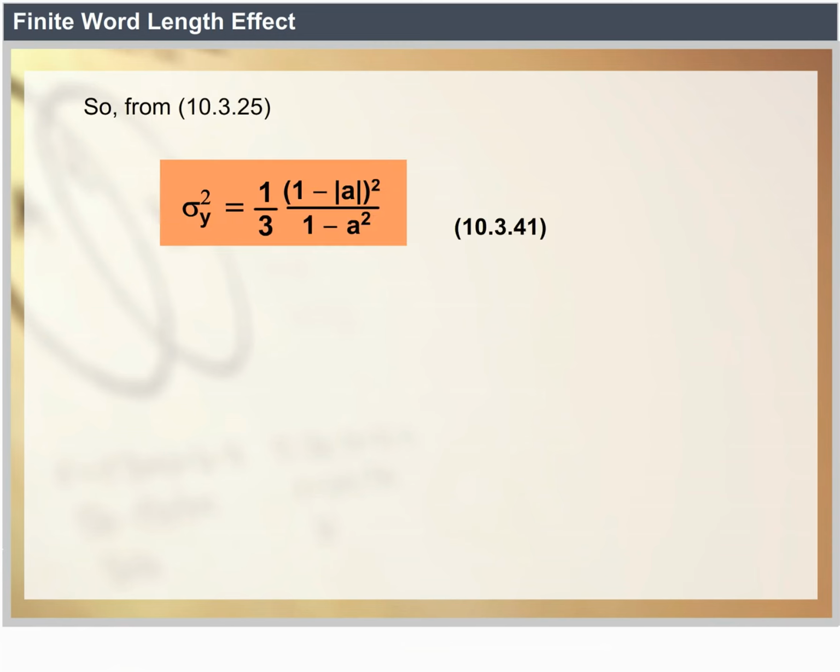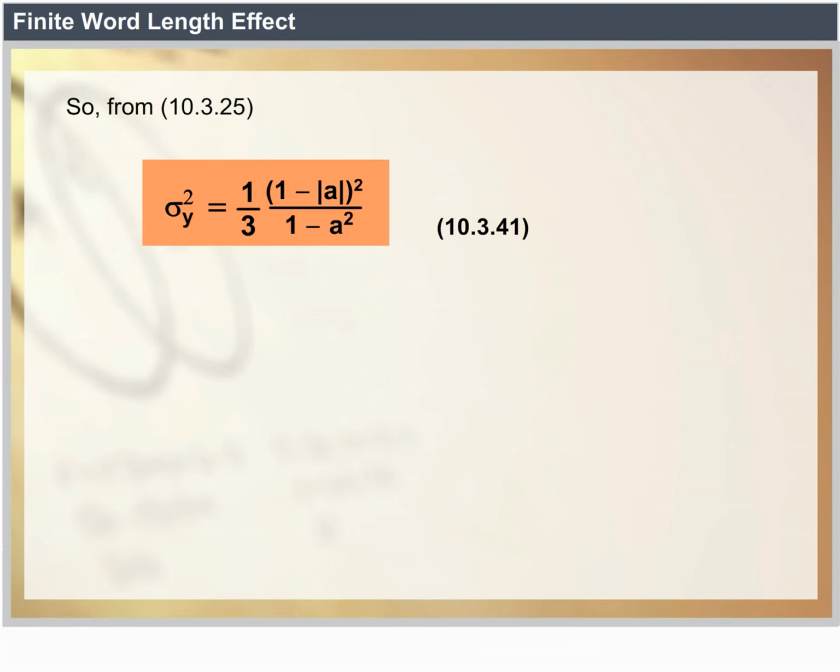So, from 10.3.25, sigma y squared = (1/3)(1 - |a|)²/(1 - a²), equation 10.3.41.